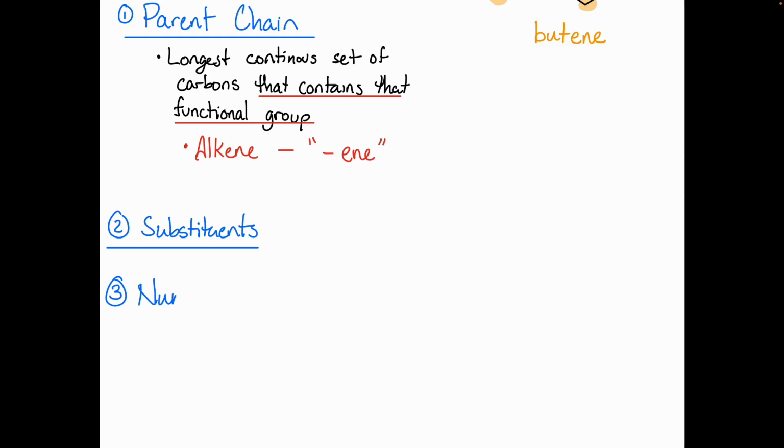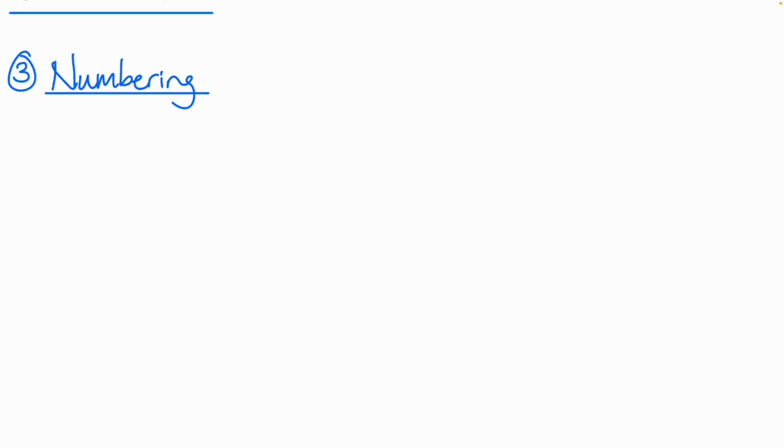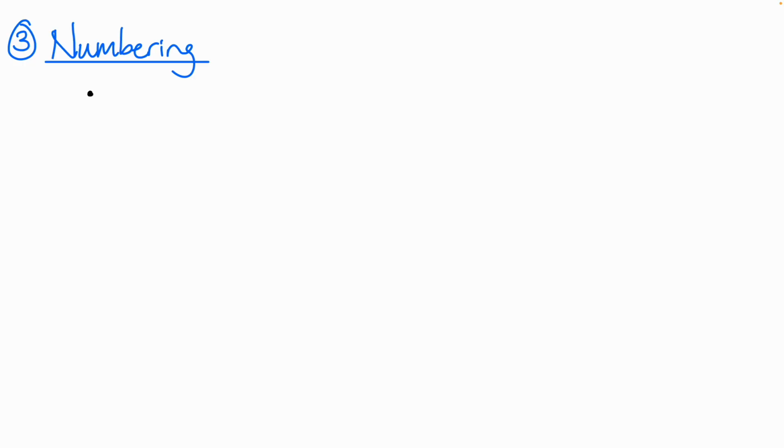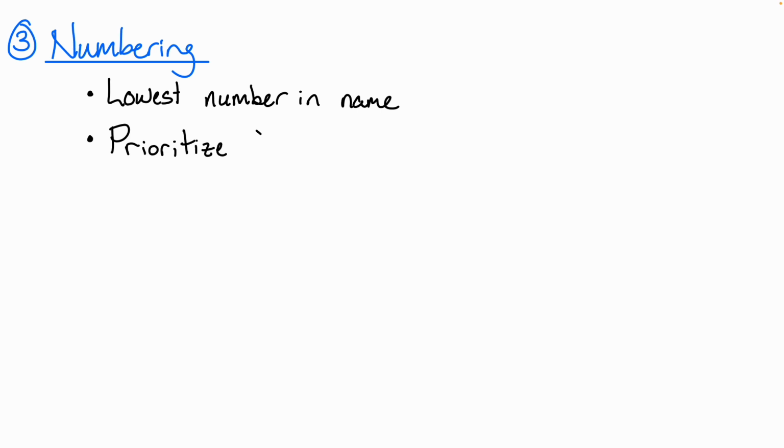We get to step 3 here, the numbering of our molecule. This we are going to have to update. Again, we want the lowest possible number in the name. But now that we have this functional group, we're going to prioritize that functional group when numbering.